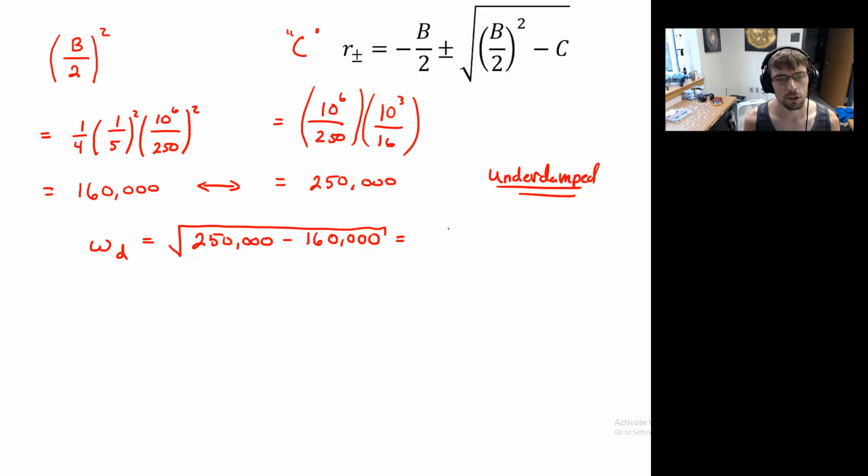Yeah, and you should be able to do that in your head, right? This is 9 times 10 to the 4th square rooted. So this is just simply 300. Right? 10 to the 4th square rooted is 100. 9 square rooted is 3, so it's 3 times 100.